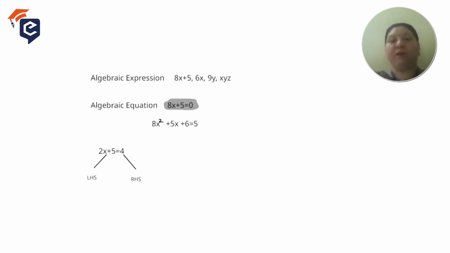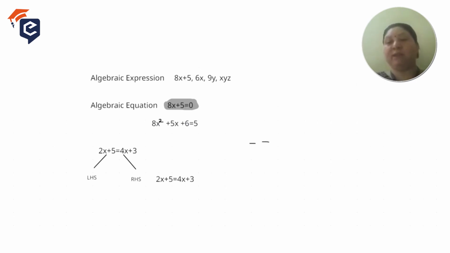Let's see how we can solve this. First, we shift the terms having the variable to one side and the constants to the other side. Before doing that, we have to learn a concept.